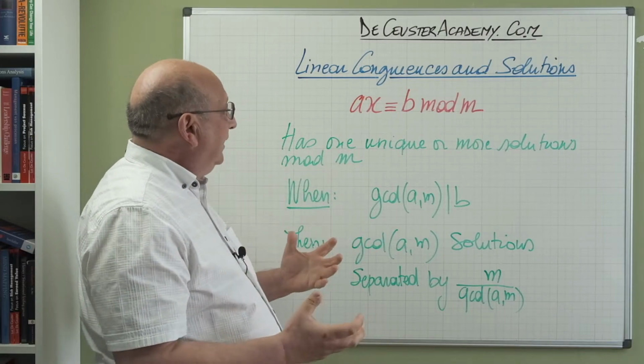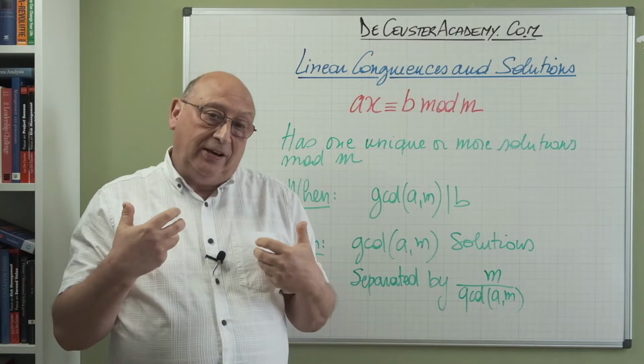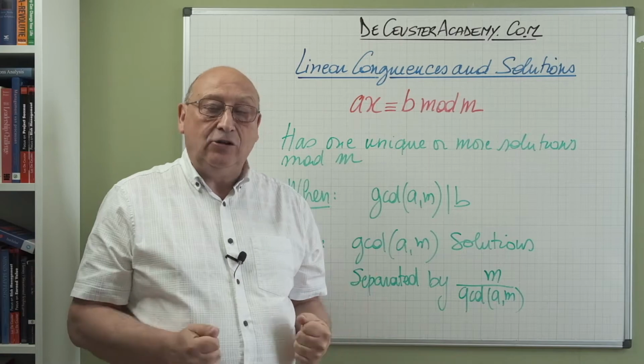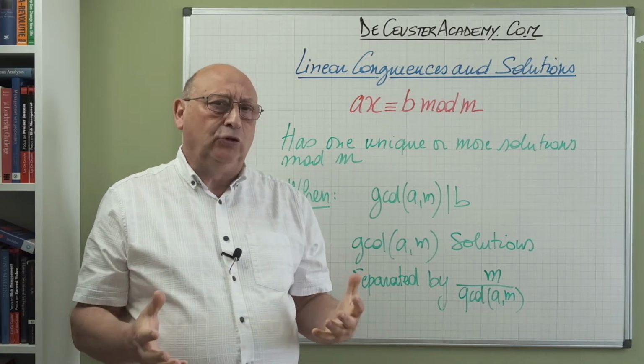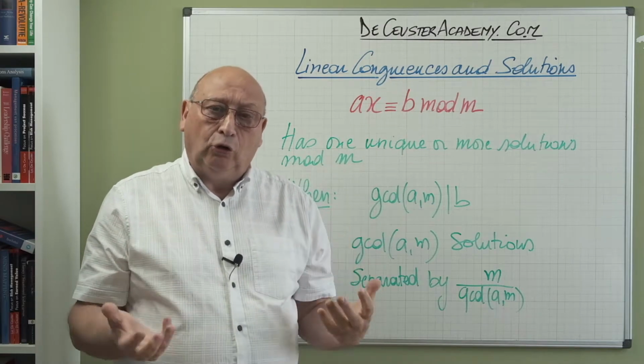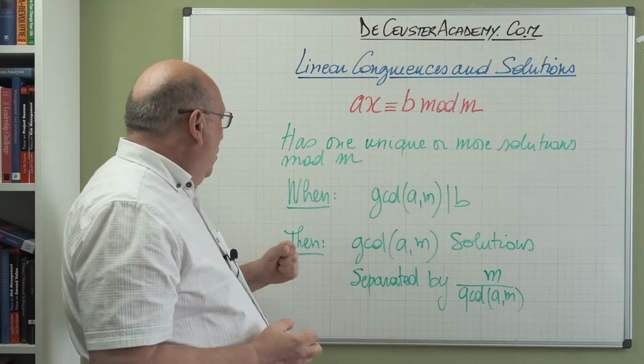Now, when we look at the theory, there are a lot of proofs about how to resolve linear congruences. I will not give you the proof, but only the result of it.